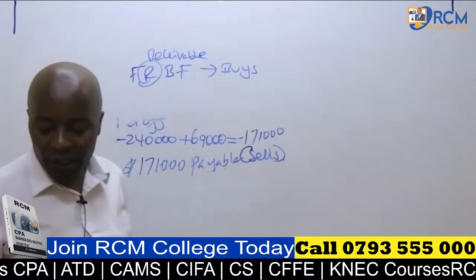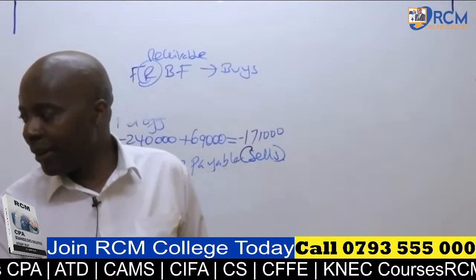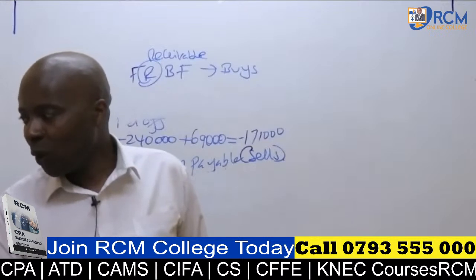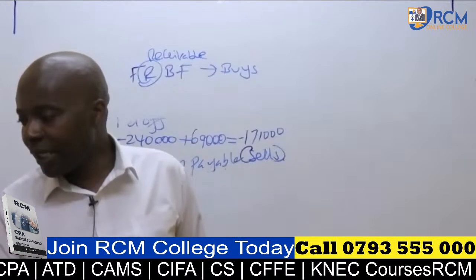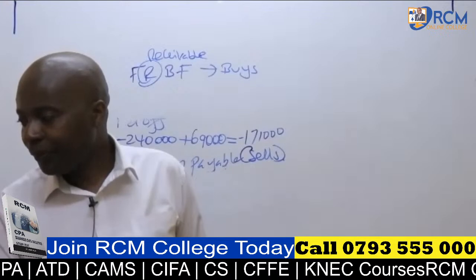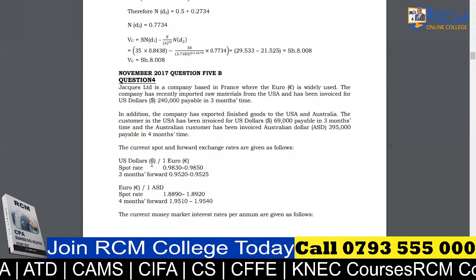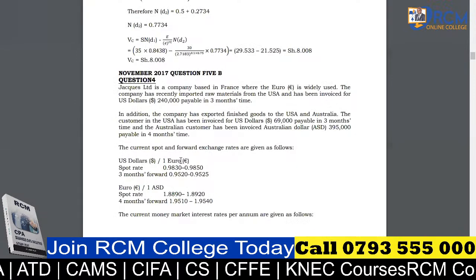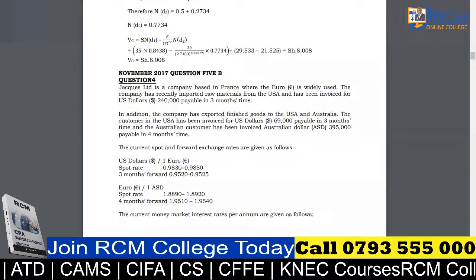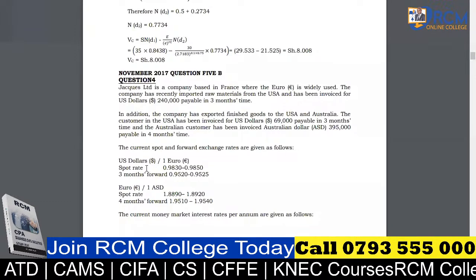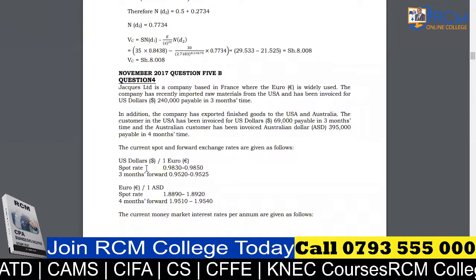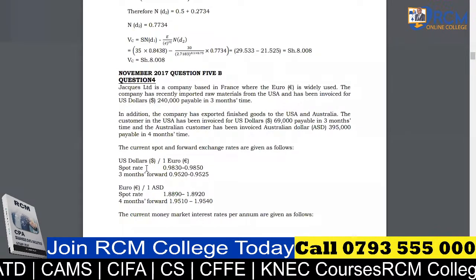Having discovered that, the next thing that I will want to know is the exchange rate, the 3 months exchange rate. We are told here 3 months. You can see, US dollars per euro, 3 months. Leave alone the spot. Whenever they talk about forward exchange rate, spot becomes useless.